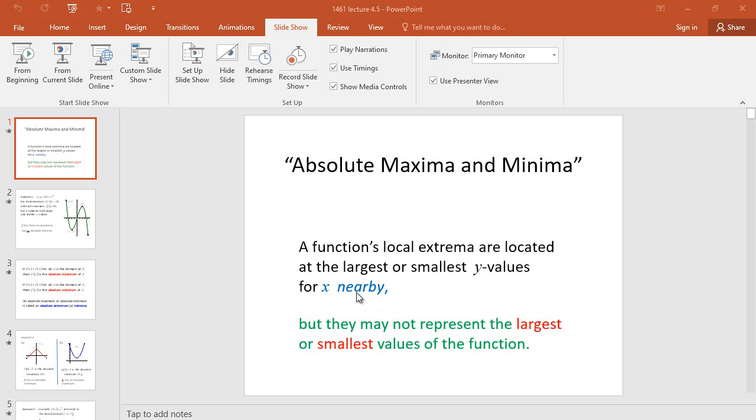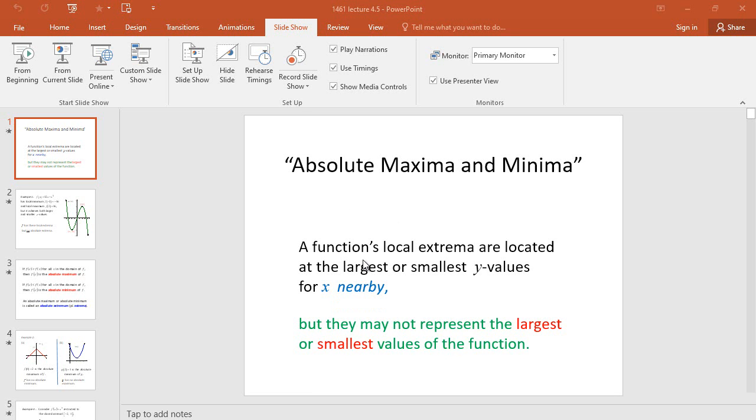In other words, these are locally maximum or locally minimum values of f, which I'm going to explain in detail in the next few slides. The local max or local min values may not represent the absolute max or the absolute min.